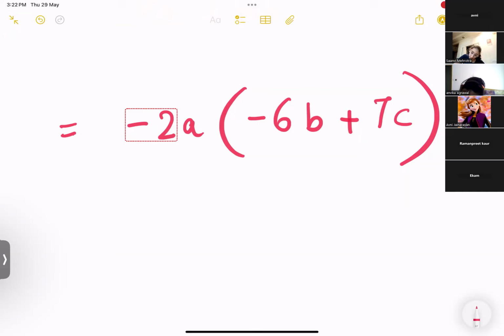Ridan, Ekam, are you guys following? Yes, ma'am. Okay. Shivansh, Pita, it is wrong. Pay attention to the sign. Do it very slowly. There is no rush. Make sure that it is clean work.